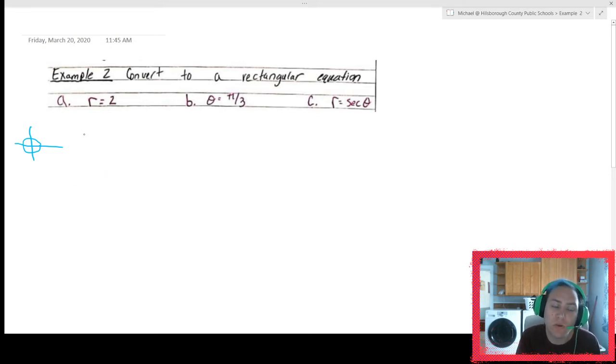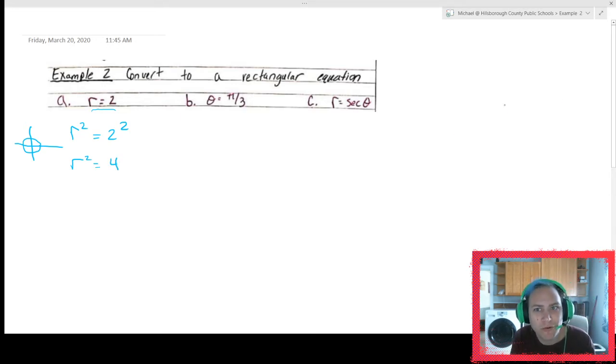So ultimately this should be a rectangular equation of a circle with a radius of 2, which, if you don't remember geometry super well, it might be a long time ago that you did this. Here's what we're going to do then. We're going to take this r equals 2, and I'm going to start by squaring both sides. If I take r squared and 2 squared, we end up with r squared equals 4.